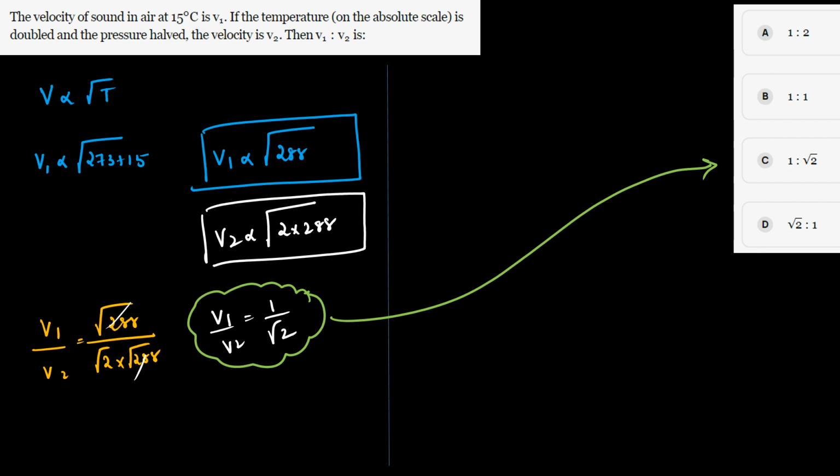Yes. And now coming to the last and main topic, that is your Doppler effect. Right? So what is your Doppler effect? It is the apparent change in frequency of sound, light, or any wave as the source, observer, any one of them or both move, and again in any direction towards each other or away from each other.